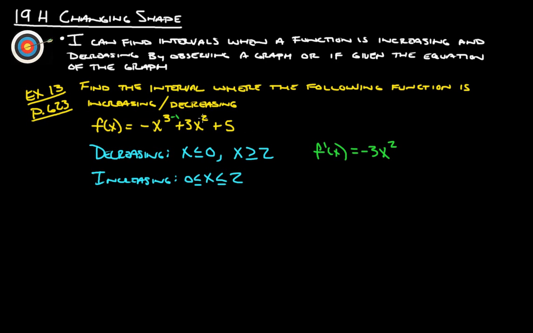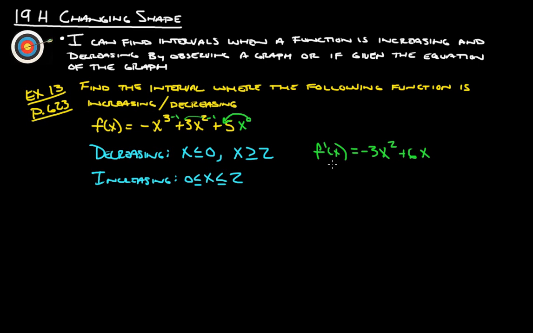And then 2 times 3 is 6x, subtract the 1, and we get 6x to the first. And again, remember this is a constant, x to the 0. So 0 times anything is going to give us 0, so that just disappears when we take the derivative.